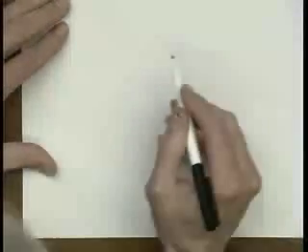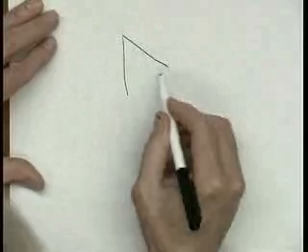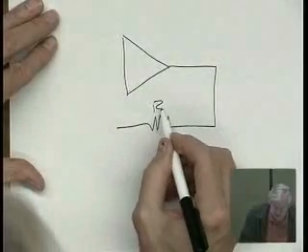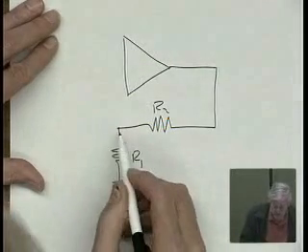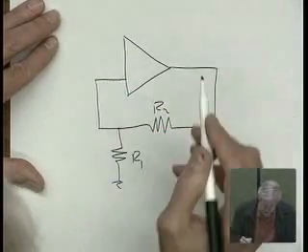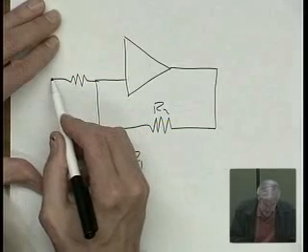So let me redraw this again. This time let me include R1 as part of the feedback network. Oops, no, I'm sorry.